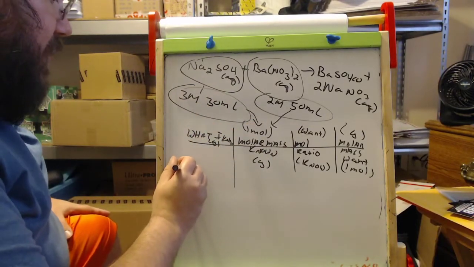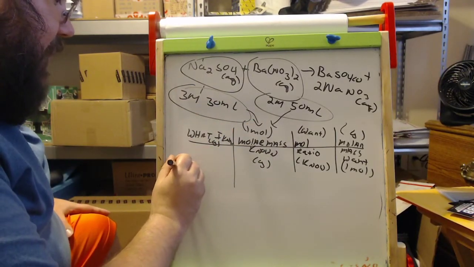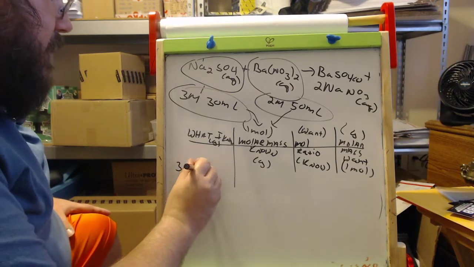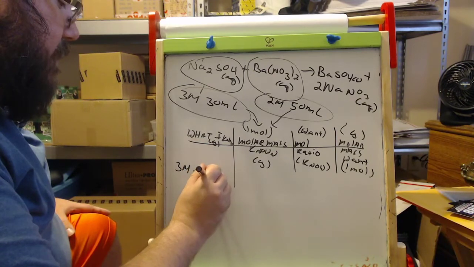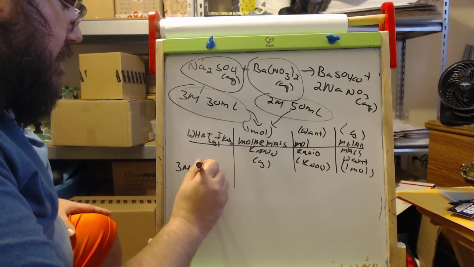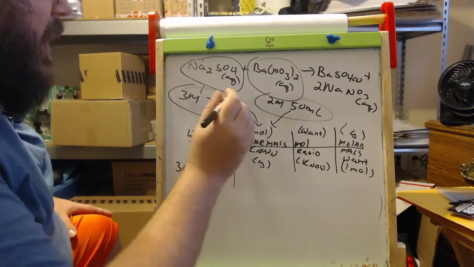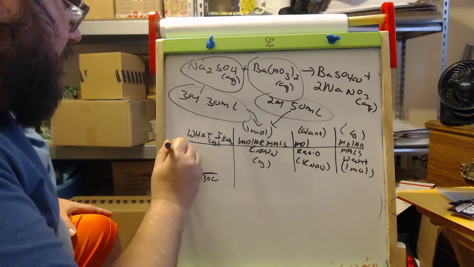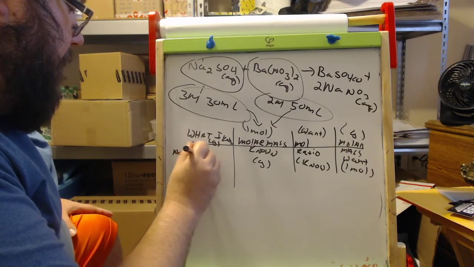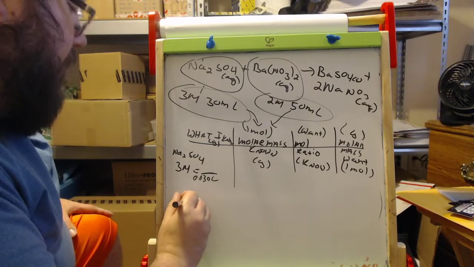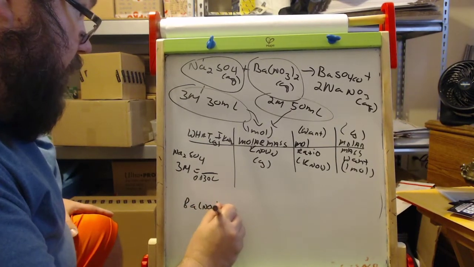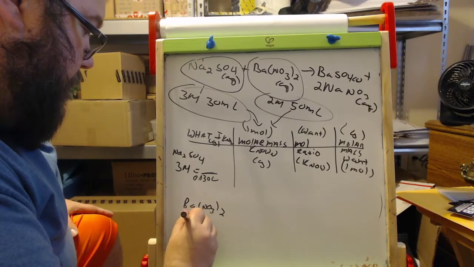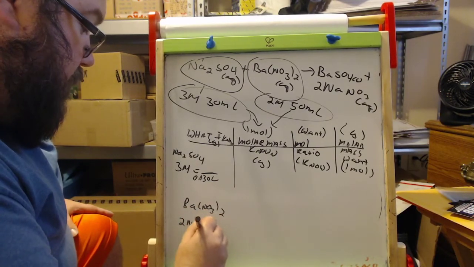So for my sodium sulfate, I've got 3 molar. I've got 30 mils, which is 0.030 liters. For my barium nitrate, I've got 2 molar and 0.050 liters.